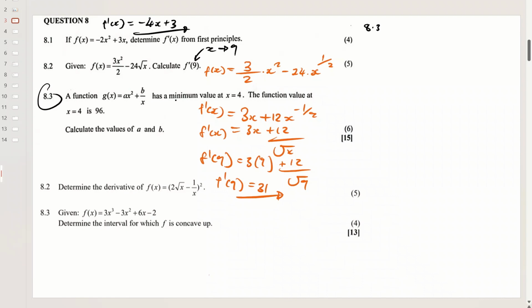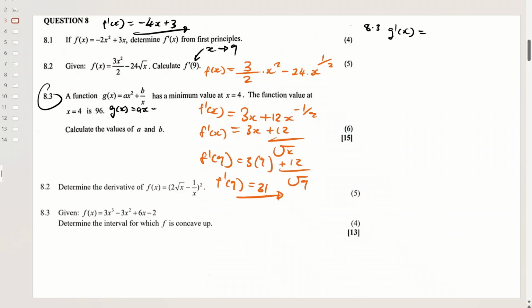Every time you hear of minimum, maximum, guys, think of the first derivative. Remember, the first derivative is all about what? The gradient, and it's all about the turning points. So now we're going to take the derivative of our function there. Remember, g of x is the same as what?